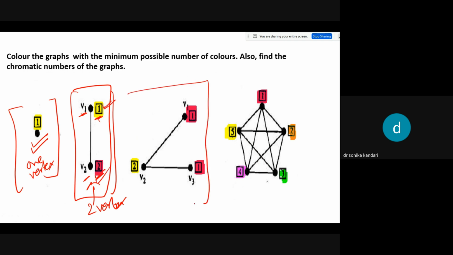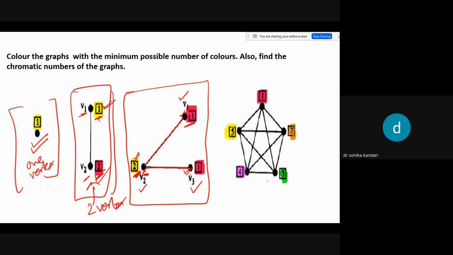See the third diagram. Vertex V1, vertex V2, vertex V3. V1 and V2 can't have the same color. V2 and V3 can't have the same color. So V1 and V2 were adjacent. V1 was red, so we haven't used red color for V2. We have used yellow color. But V2 and V3 are adjacent, so they will have different colors.